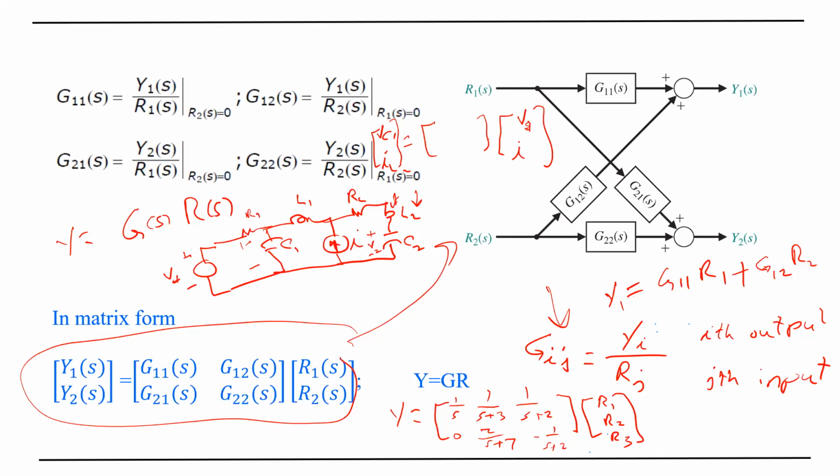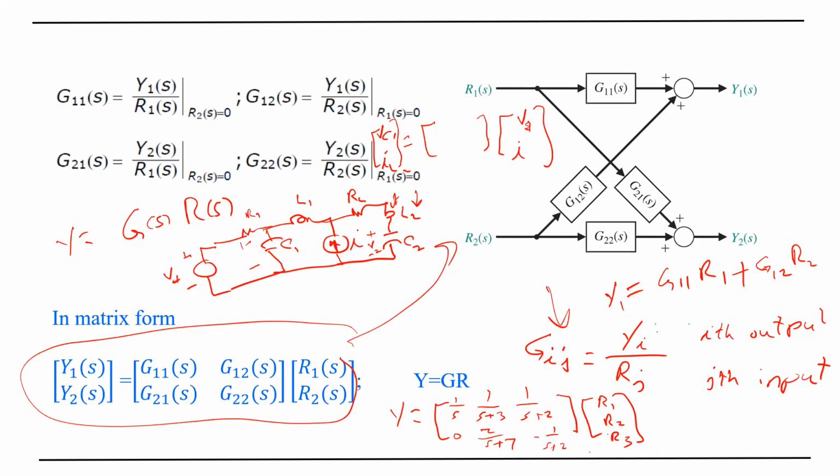So now I will have a matrix of 3 by 2, because the number of rows is the number of outputs, and the number of columns is the number of inputs. Is that clear?